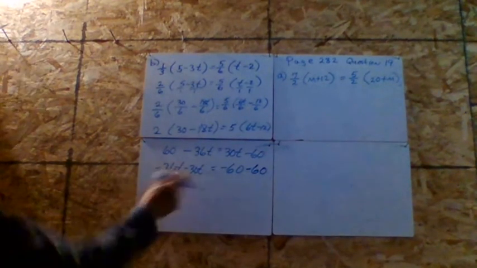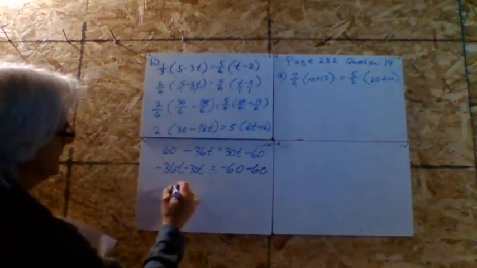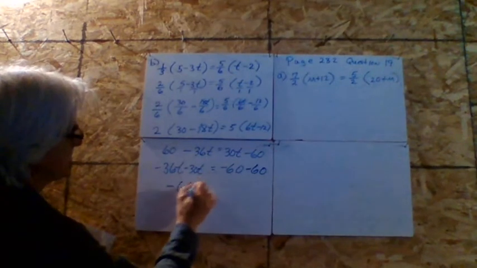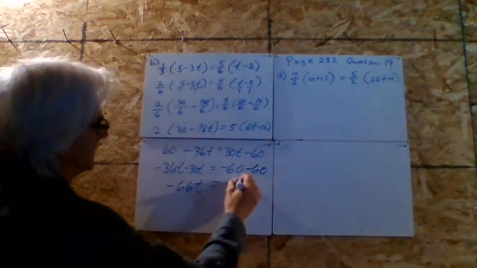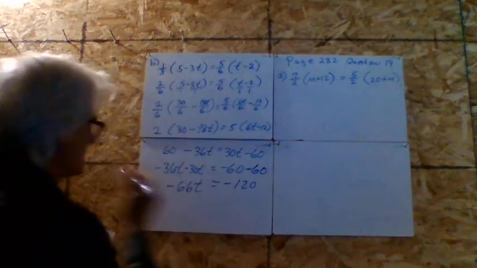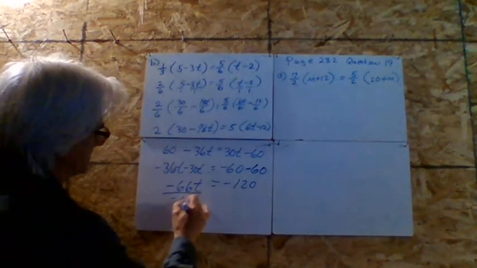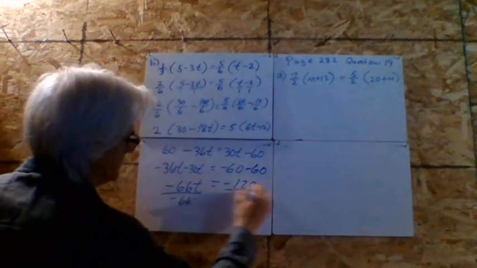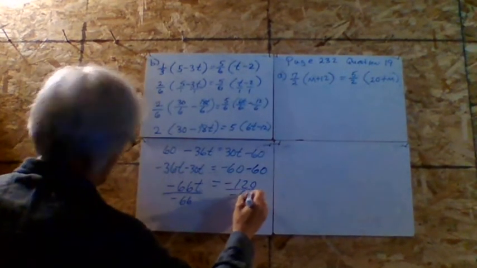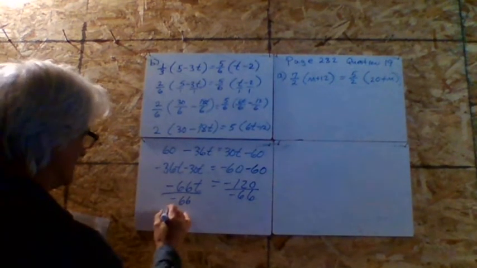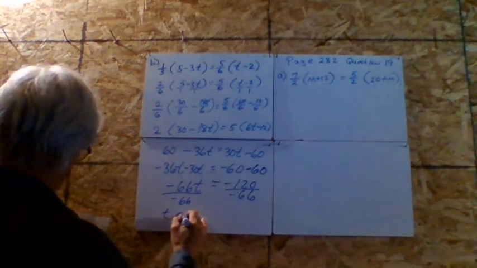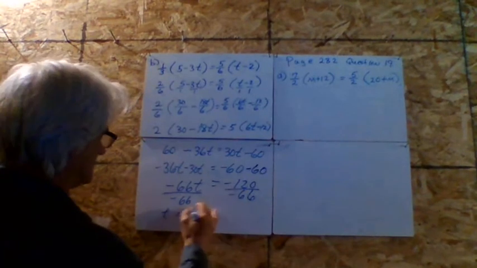So negative 36t and minus 30t gives me negative 66t equals negative 120. Divide by negative 66. Do the same to the other side. Divide by negative 66.